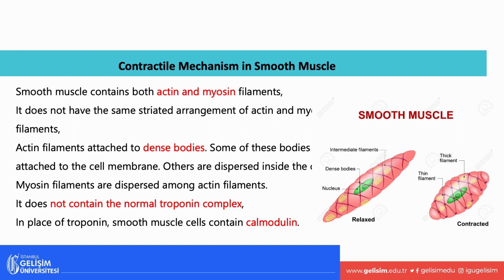So, calmodulin is what's taking over the role of troponin, which we find in cardiac and skeletal muscle.